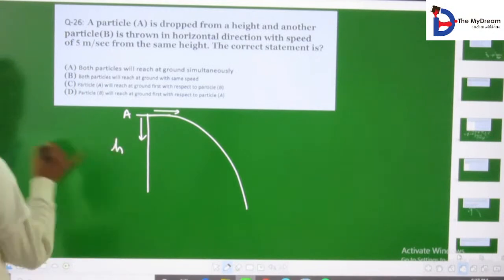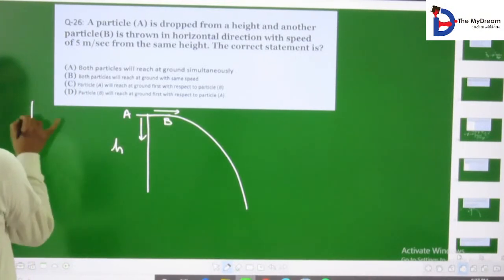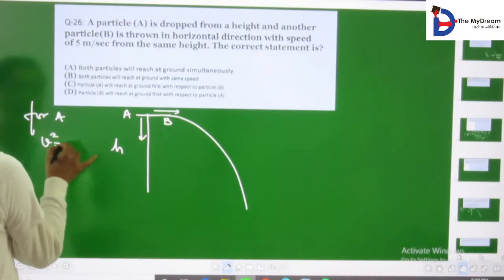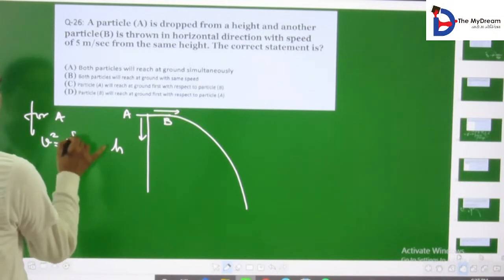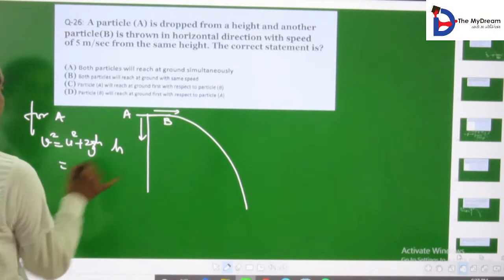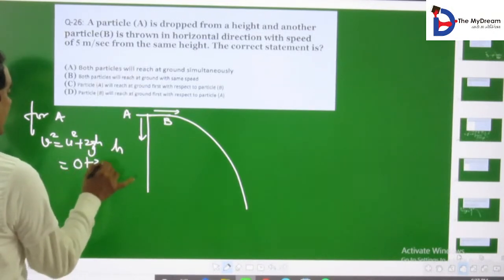In this case, this is B. For A, V square is equal to U square plus 2GH. In case of free fall, that will become this.